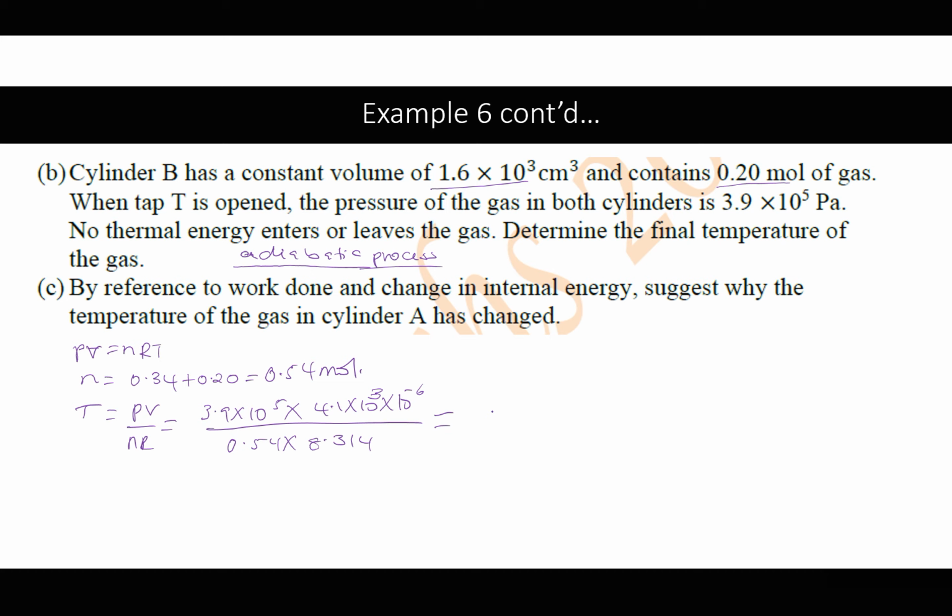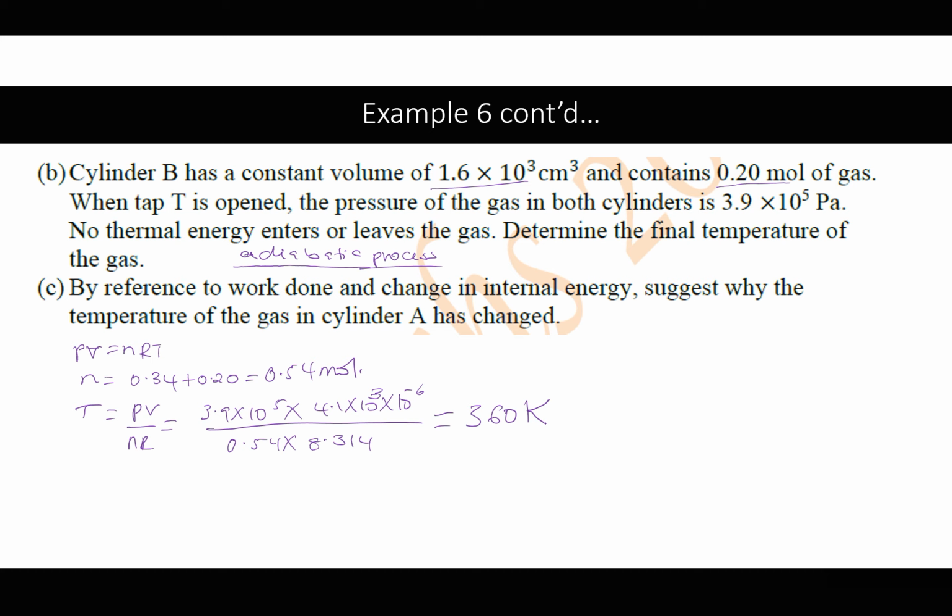Pressing the calculator: 3.9 × 10^5 times 4.1 × 10^-3 divided by 0.54 times 8.31. Rounding off to two significant figures, I'm coming up with 360 Kelvin as the final temperature of the gas when the tap is opened.